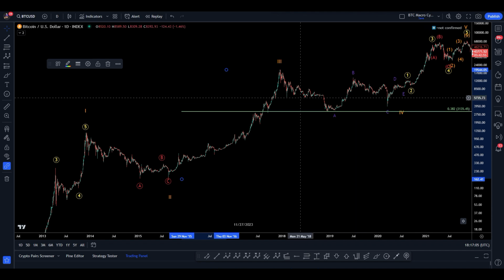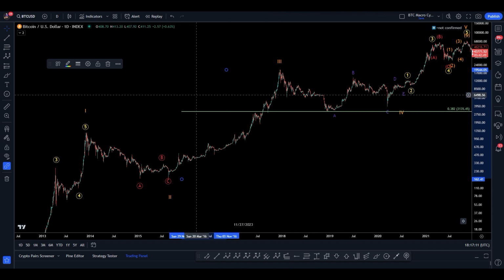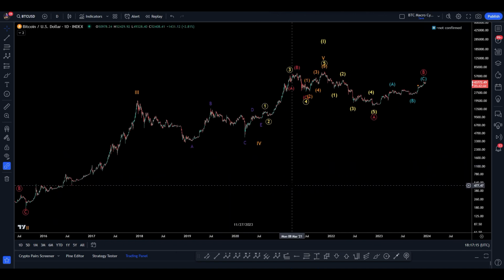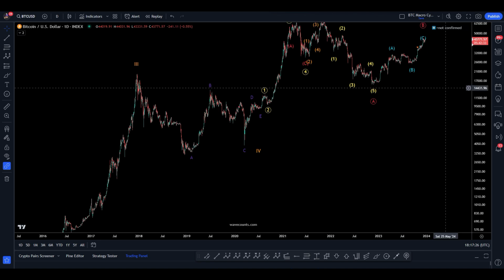The extreme of this triangle hits 38.2% of the previous third wave. So we have these little bits of evidence in hindsight telling us what's going on. There are alternate counts, okay, but this is the primary.